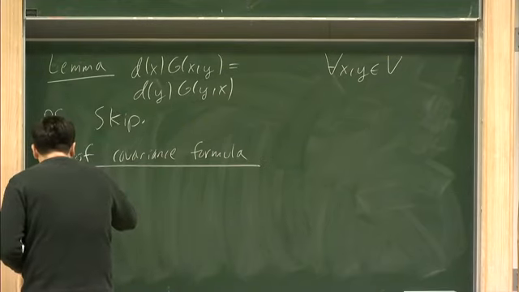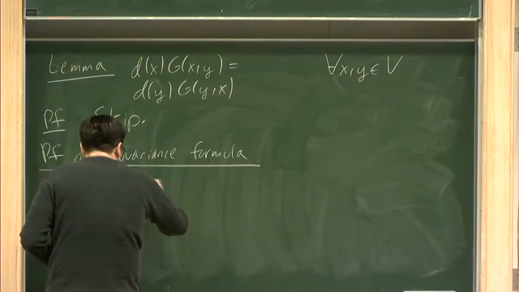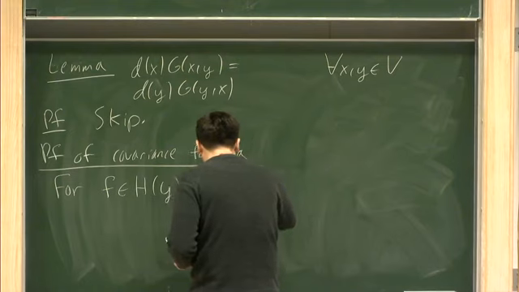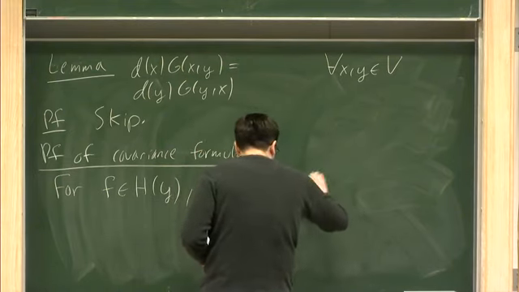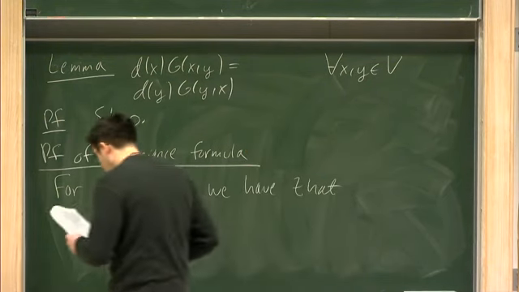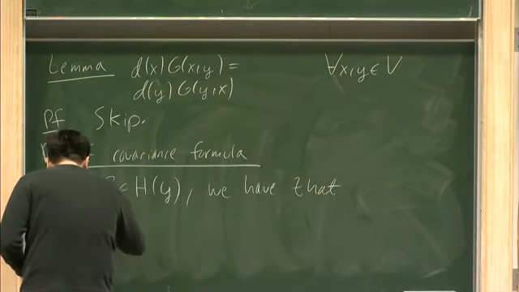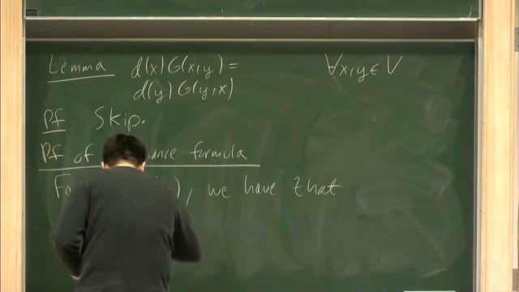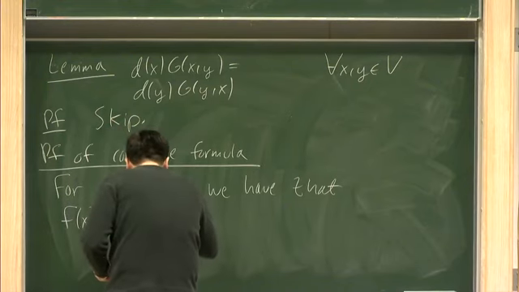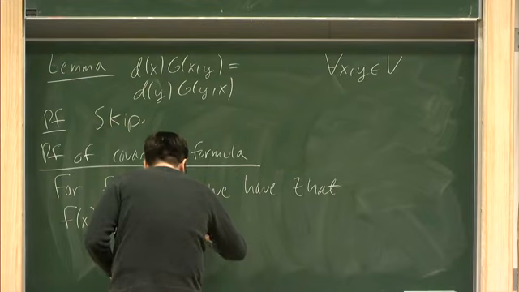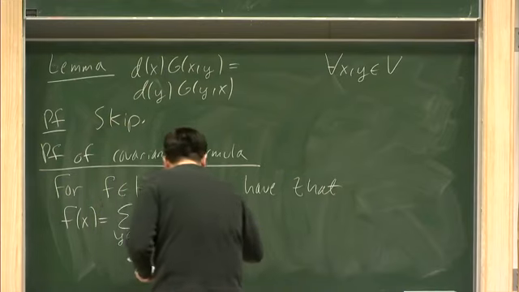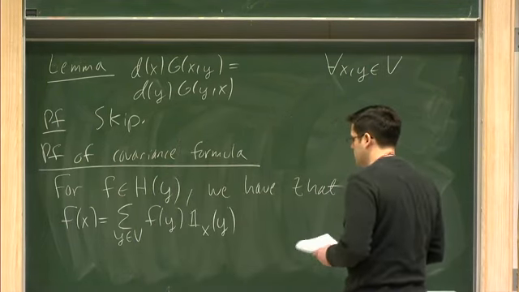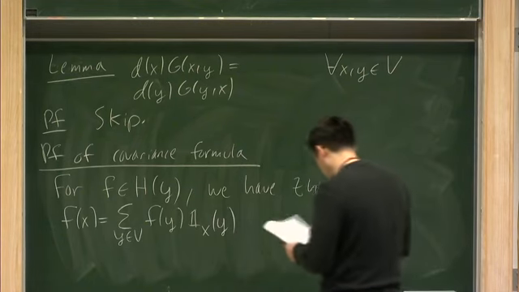So let's suppose that we have a function which is defined on our graph. Then we can write it in kind of a funny way. You can write f at x as the sum over all y in v of f of y times the indicator of x evaluated at y. That's one way of writing this.